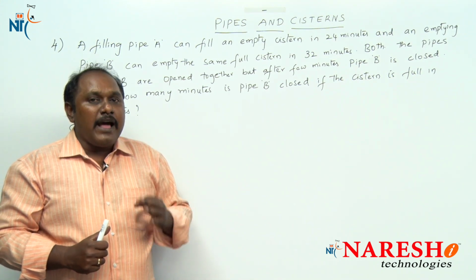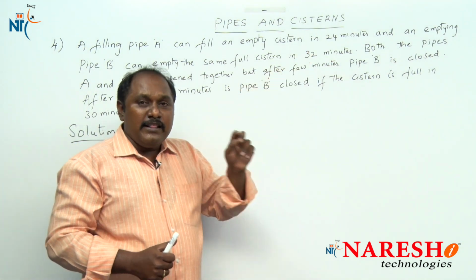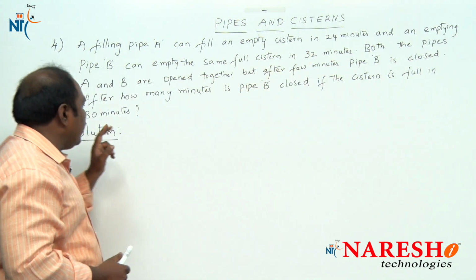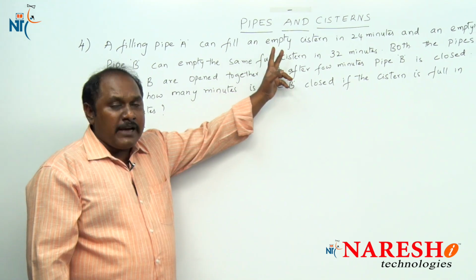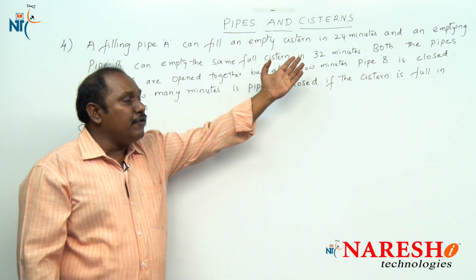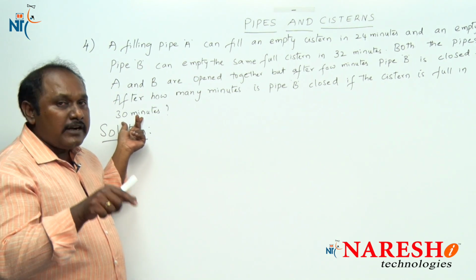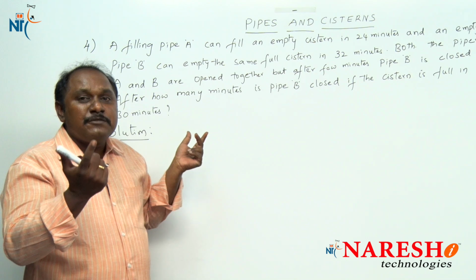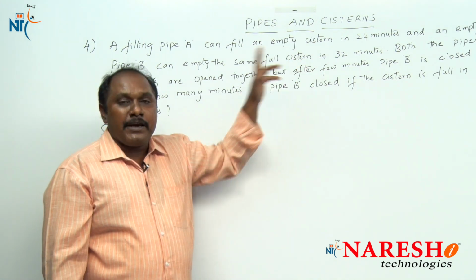Now the filling pipe actually should fill the tank in 24 minutes. But in the question it is given the tank is full in 30 minutes. That means this filling pipe, instead of filling in 24 minutes, is taking 6 minutes more to fill the tank. Now why is it taking 6 minutes more to fill the tank? Definitely because there is an emptying pipe.